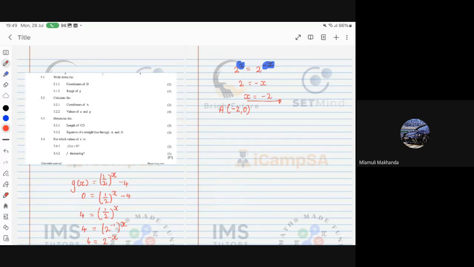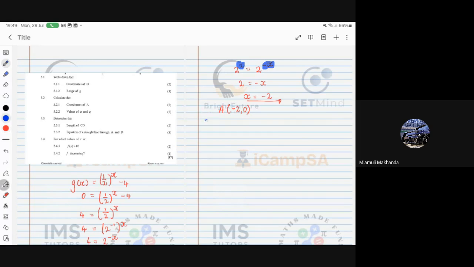In the exam you can just plug in your values and find the answer. But it's also good practice to remind yourself: this represents the intercepts, and for the x-intercept, y is equal to 0. And then let's move on to this question.